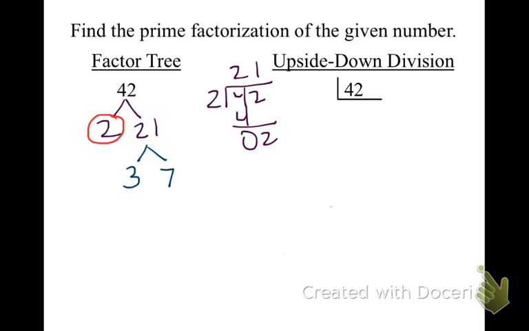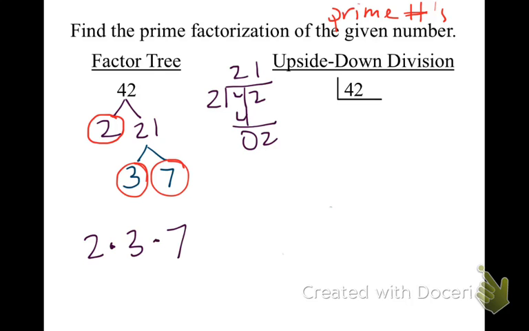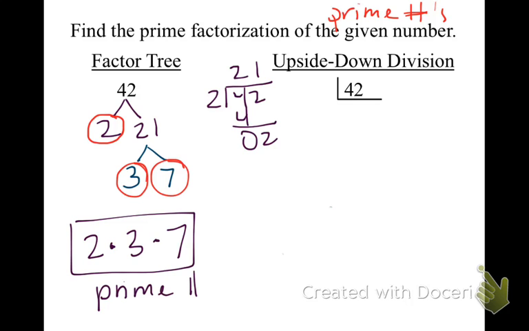Do I have any other prime numbers? The answer is yes, I have 3 and I have 7. So that means my answer should be 2 times 3 times 7. Those are going to be my prime numbers.